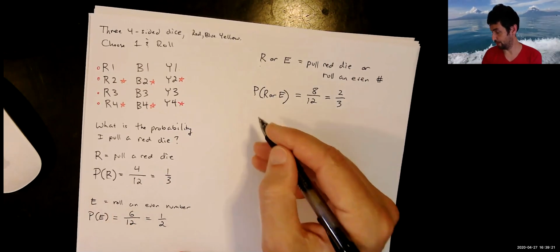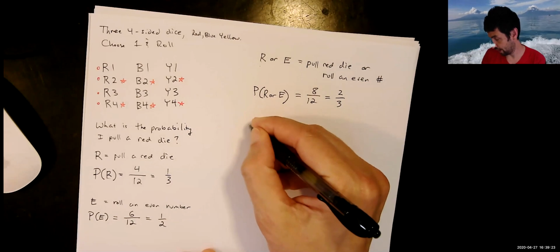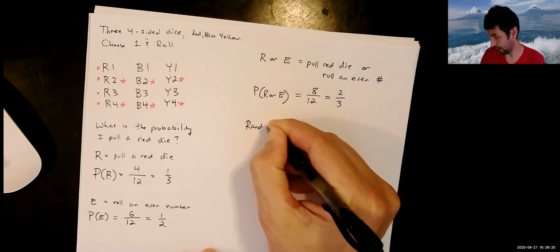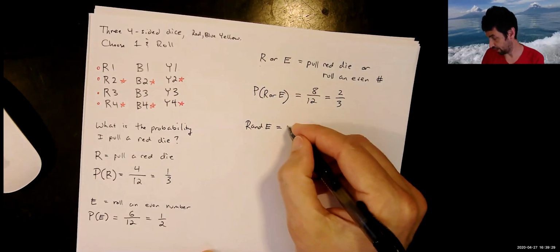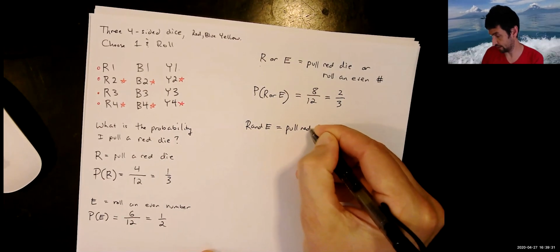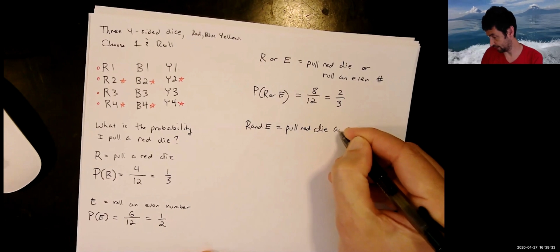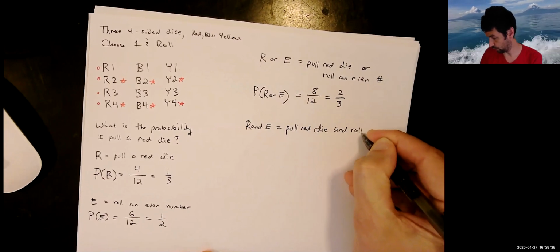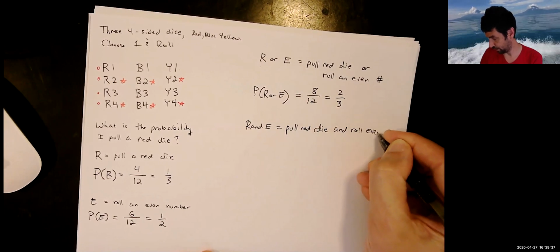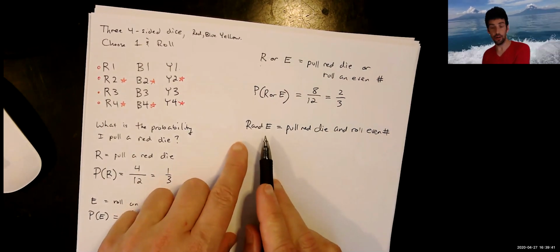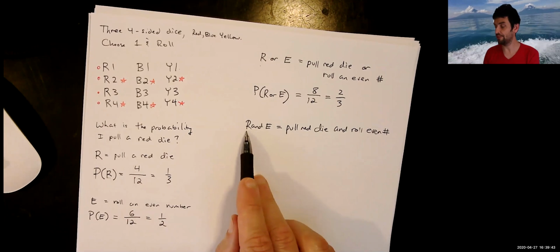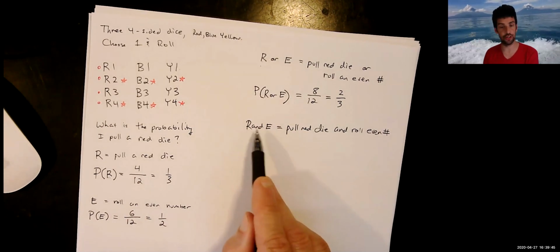Here's another way we combine events. How about R and E? This is that we pull a red die and roll an even number. Okay? So now the outcomes that we count have to be in both of the original events.